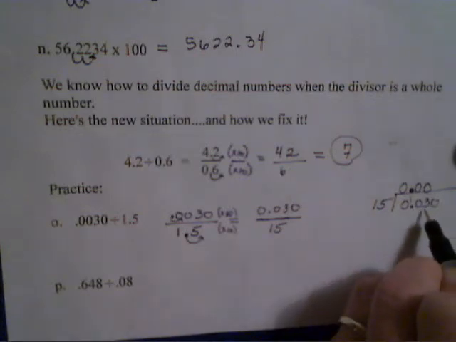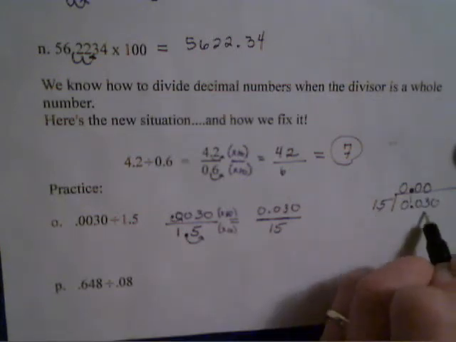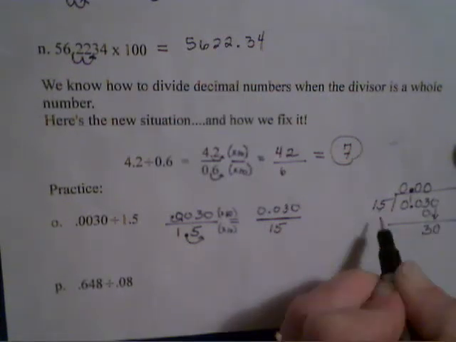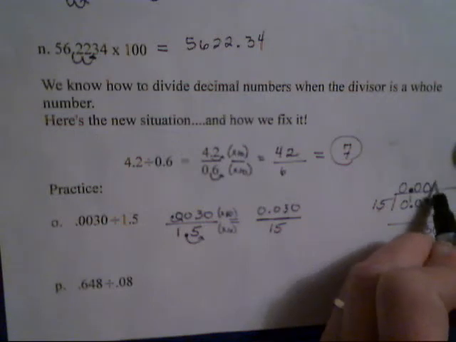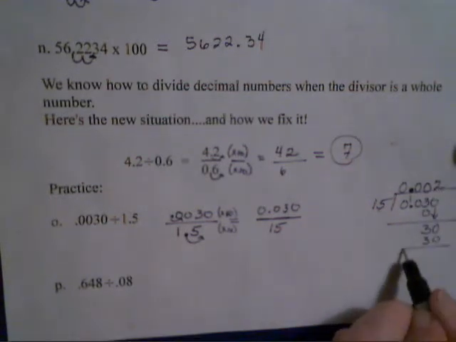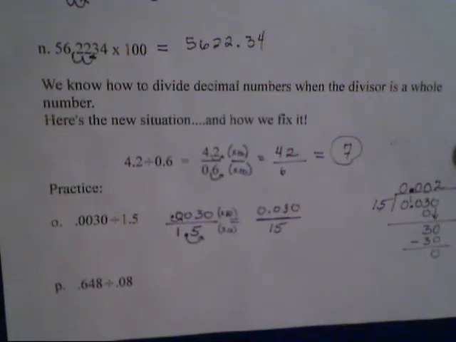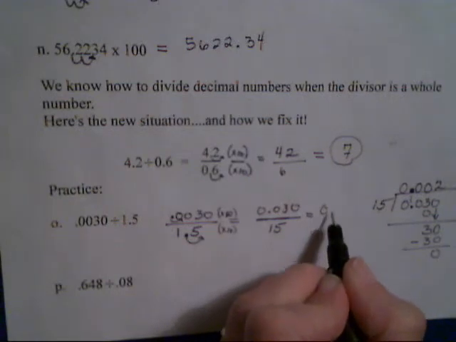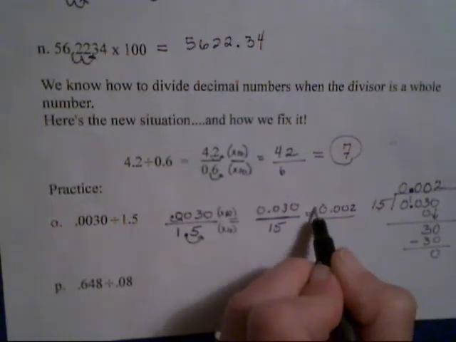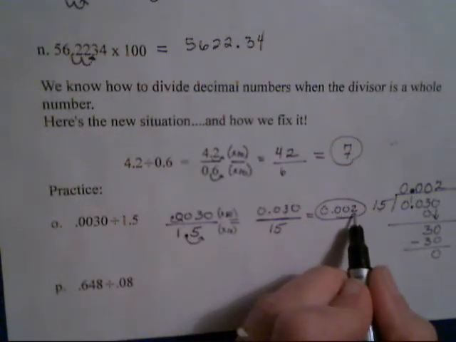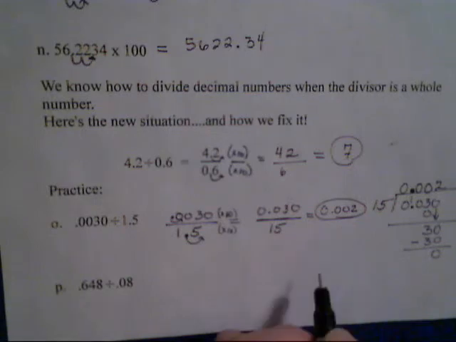But now if I say 15 times 0 is 0, 3 minus 0 is 3, bring down this 0, 15 will go into 30 2 times. And 15 times 2 is 30. And wouldn't you know, I have no remainder. So that's very nice. So our answer here is 0.002, which is what? Well, this is the tenths, the hundredths, the thousandths, so that would be 2 thousandths.